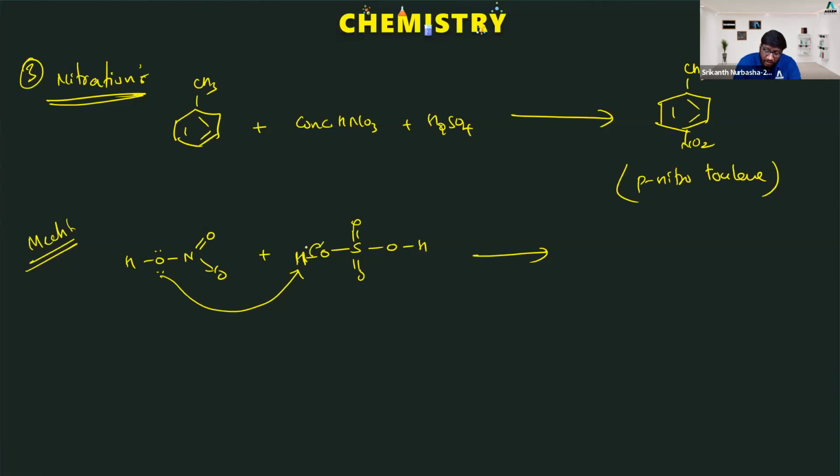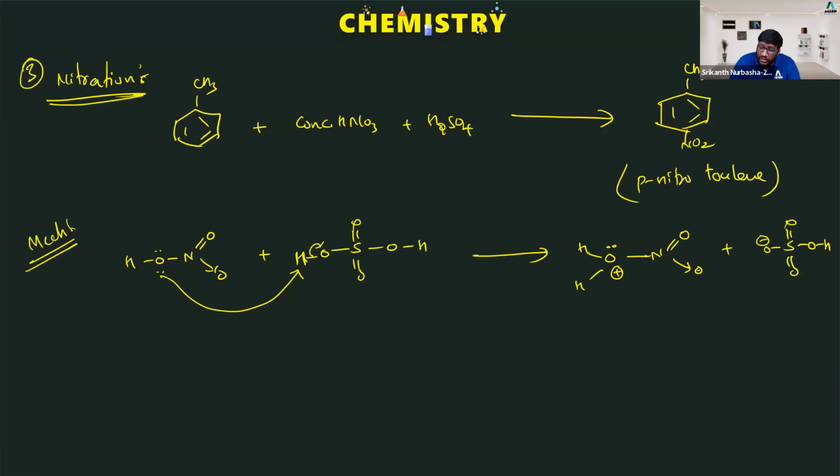The OH electron density can be given to oxygen, so oxygen will have only one lone pair now, two OH bonds and a positive charge, with nitrogen double bonded to O. Oxygen bearing a positive charge is not stable, and along with this we'll have HSO4 minus released: S double bond O, S double bond O, OH and O minus, that is nothing but HSO4 minus.